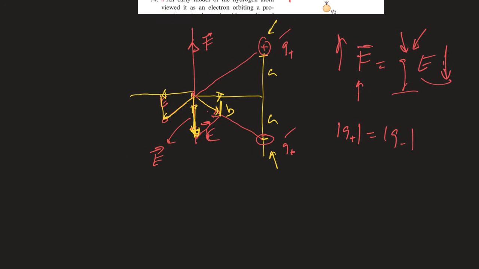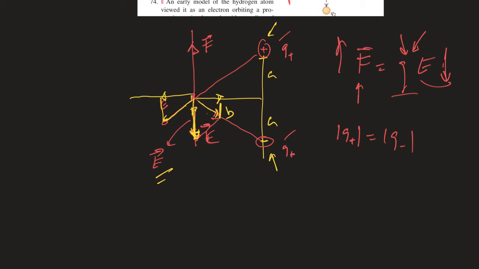So I will find first the total electrical field, this one. The magnitude of this electrical field will be the magnitude of one of them, which are the same, times this angle that I'm going to call alpha, by the cosine of this angle. Two times this will be the total electrical field.